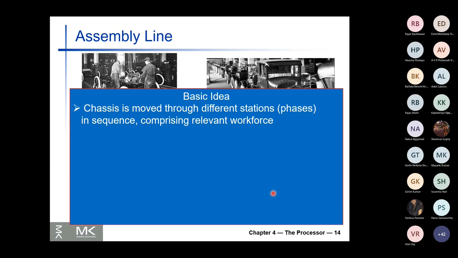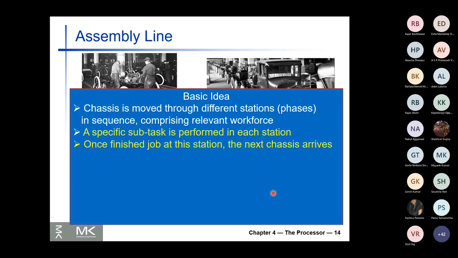So instead of finishing one job at a time, just like in the single processor case, we do it in multi-cycle or multiple stages, just like the car manufacturing. A chassis is moved through different stations or phases in sequence, comprising the relevant workforce. In each station, you perform some specific task.